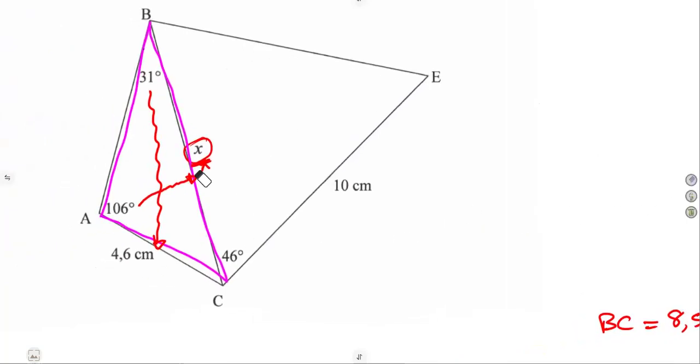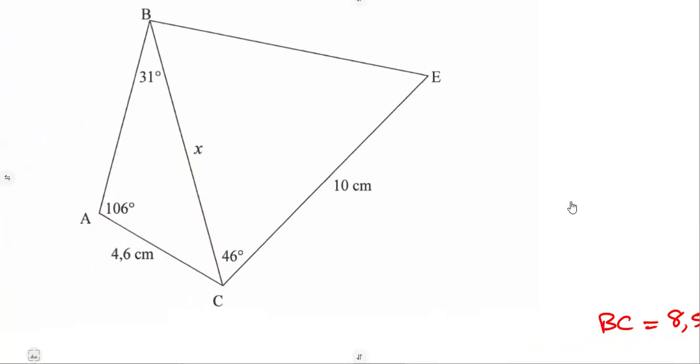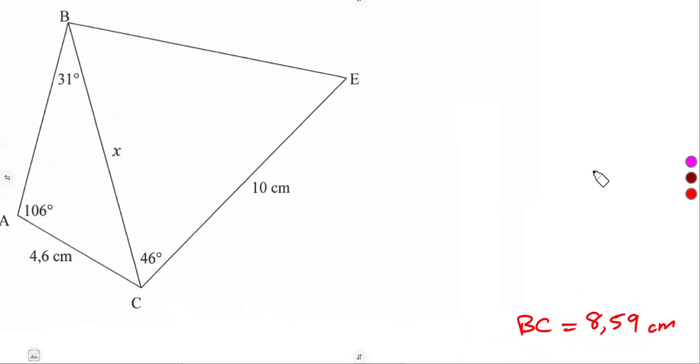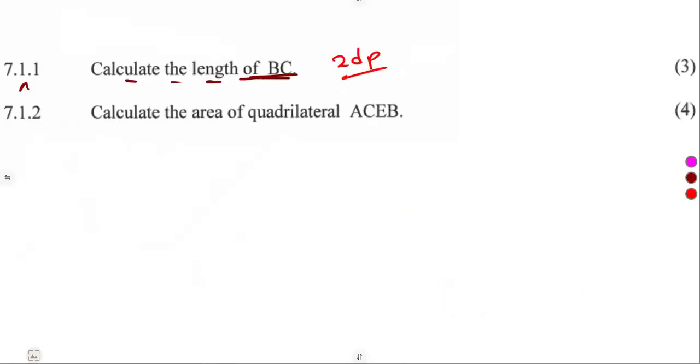All right, so we have got this side BC. I'm just going to insert this 8,59. So this is our BC. With this part, let us have the other question. 7.12, calculate the area of quadrilateral ACEB.